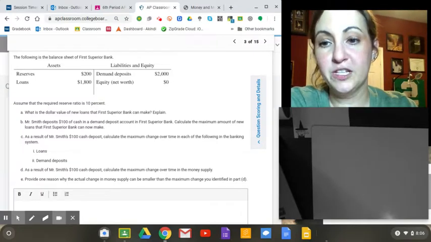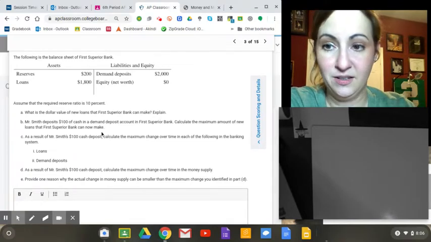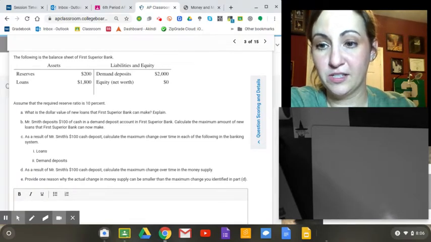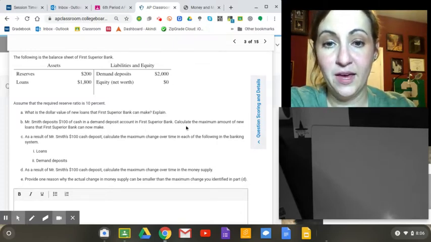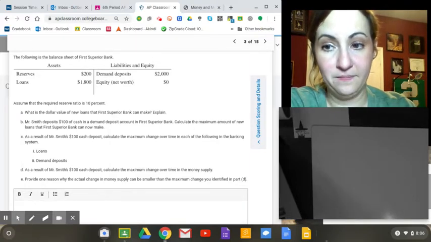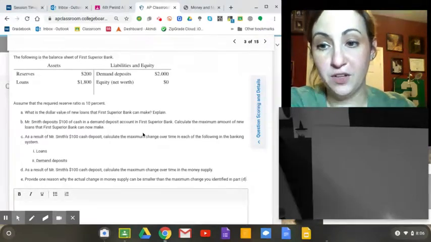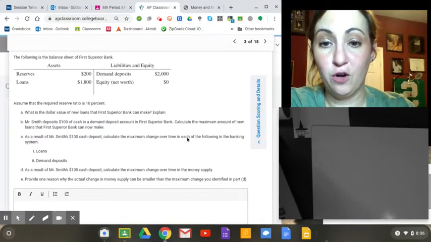A, what is the dollar value of new loans that First Superior Bank can make and explain? B, Mr. Smith deposits $100 in cash in demand deposits account at First Superior Bank. Calculate the maximum amount of new loans that the First Superior Bank can now make. C, as a result of Mr. Smith's $100 cash deposit, calculate the maximum change over time in each of the following in the banking system: loans, demand deposits.